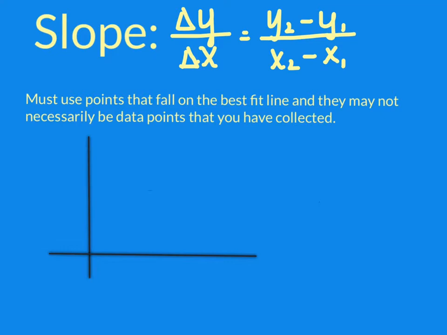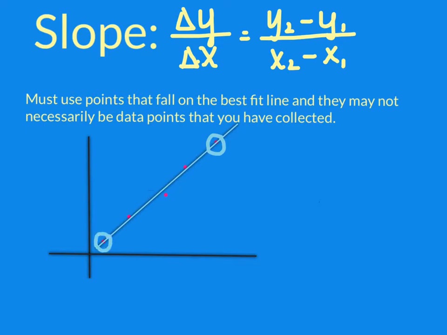Now if I have some data points here, say they're here, and I create my best fit line, and we'll make that in blue. Now I want to pick 2 points on my best fit line, and what I like to do is create a triangle. I see that this point up top and this point down here fall on my best fit line.